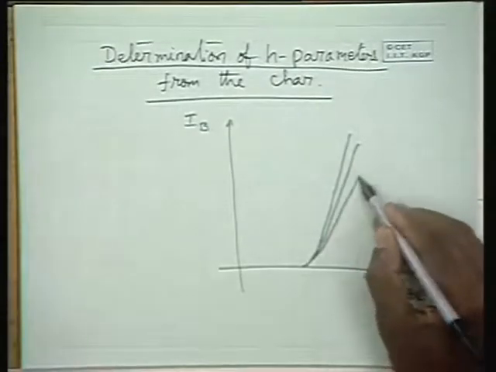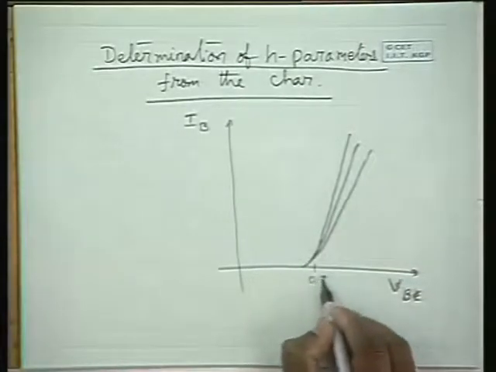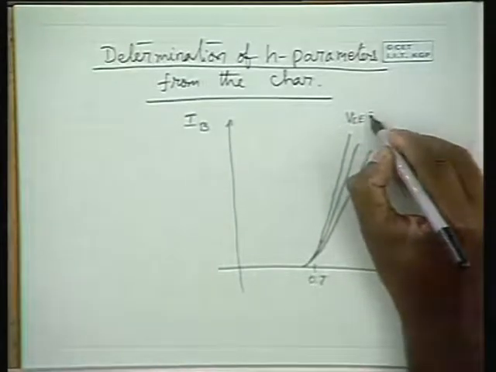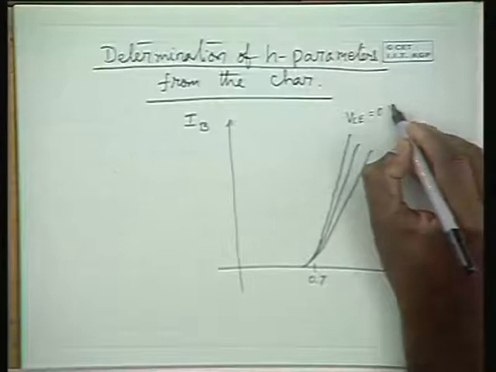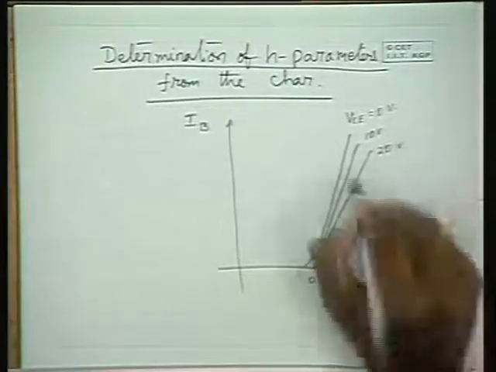So the characteristics is something like this. This is typically about 0.7 volts, and this characteristic is applicable when VC is 0 volts, when it is 10 volts, and when VC is 20 volts. This is the characteristics.